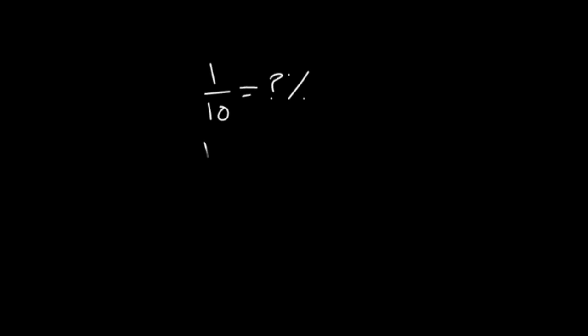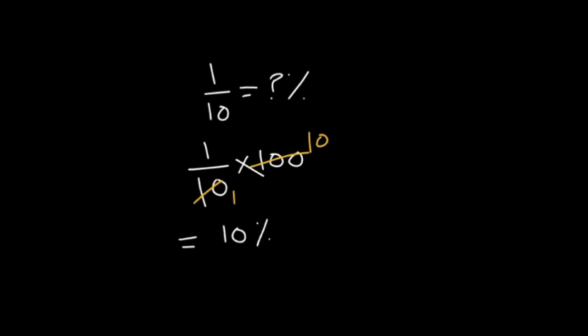So 1 over 10 multiplied by 100, then we divide 100 on 10, so we will get 10. After this we multiply 1 by 10, we will get 10. So this is our percentage form.